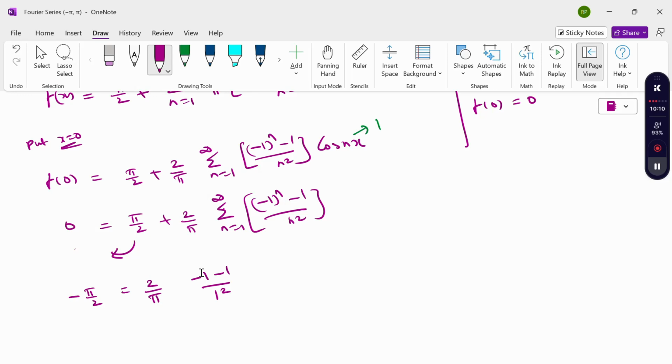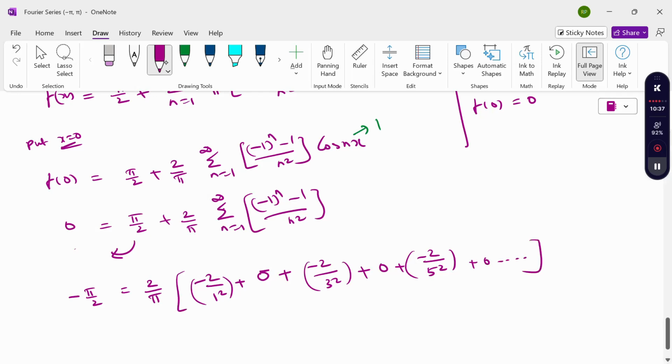Similarly 2, 3, 4 and so on. So therefore this is minus 2 by 1 square, plus, when I substitute 2, the whole term is 0, then minus 2 by 3 square, next term 0, minus 2 by 5 square, and then the next term 0.